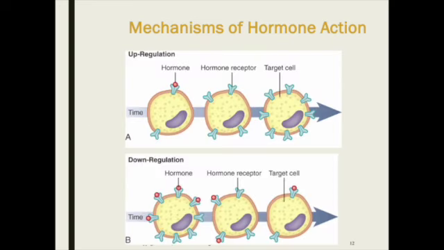You can see this example of upregulation and then the example of downregulation. In upregulation, you have a lot of receptors available, and in downregulation, you don't have enough receptors available. So low concentrations of hormones increase the number of receptors per cell, that's upregulation, and high concentrations of hormones decrease the number of receptors, which is downregulation.